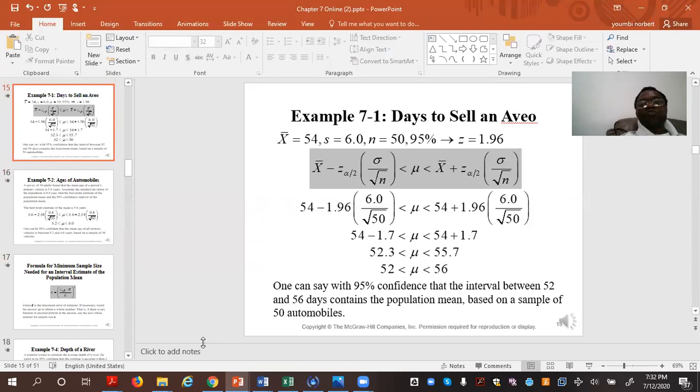So we want to multiply it by the standard deviation, which is 4.7, and we divide it by the square root of the sample size, which is what?